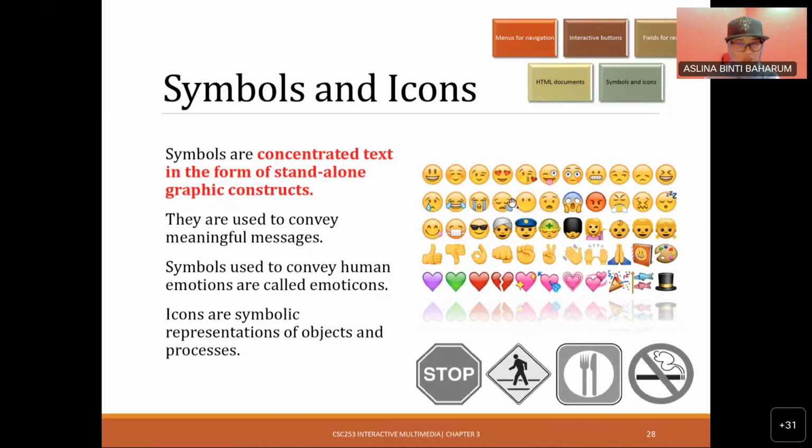Some of the icons I also cannot understand, but we can see the reactions by using this one. This one too happy, right? This one happy. This one too happy. I don't know. Those who always use icons can interpret them very well.